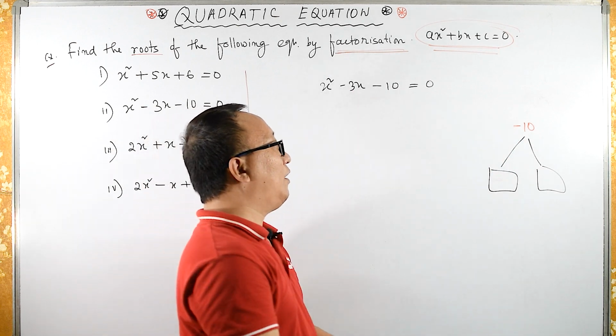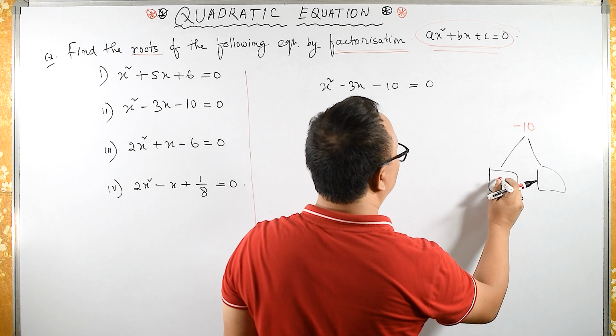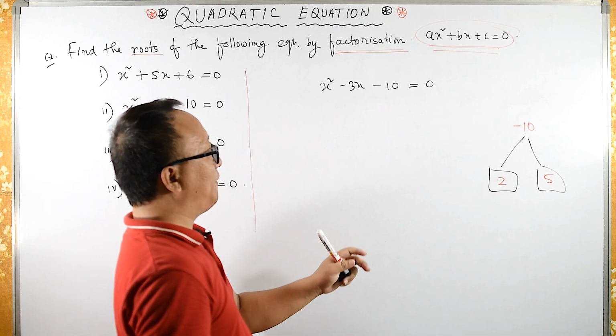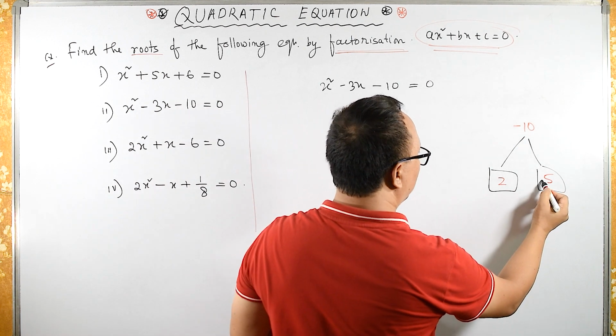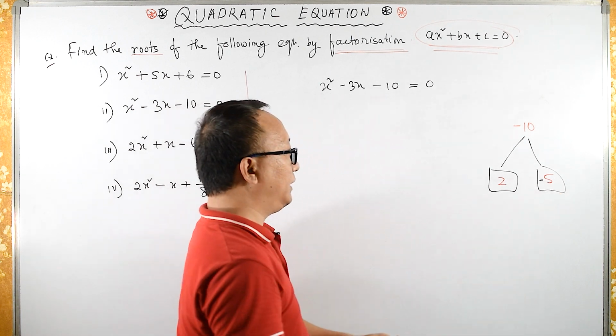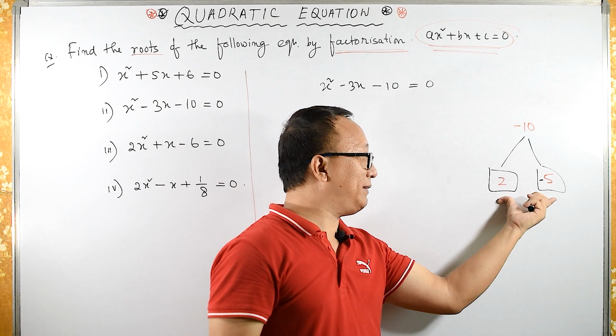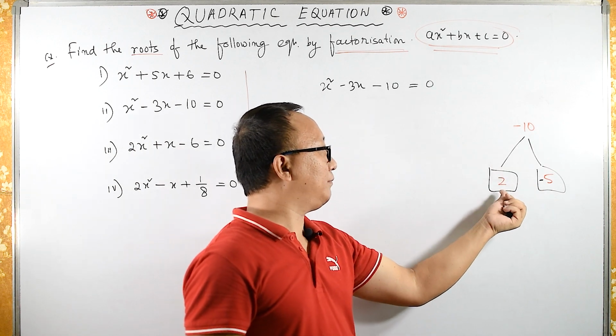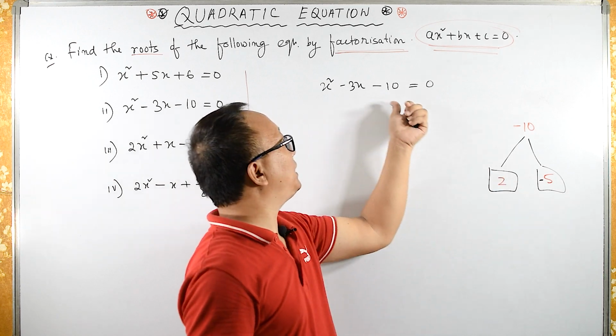What about if I do 2 and 5? Now, if I give minus to the 5, then 2 into minus 5 is minus 10. If I add these two, then 2 minus 5 is minus 3.